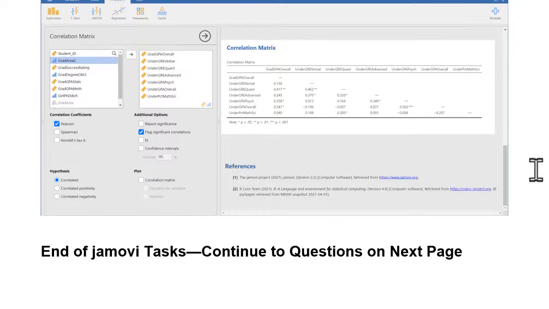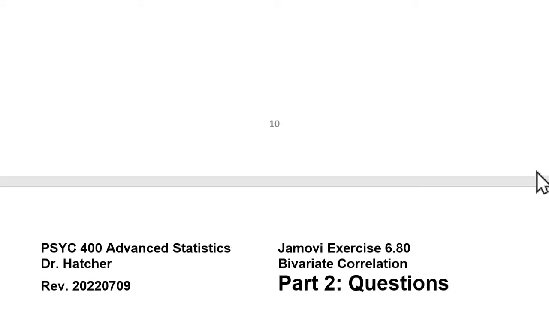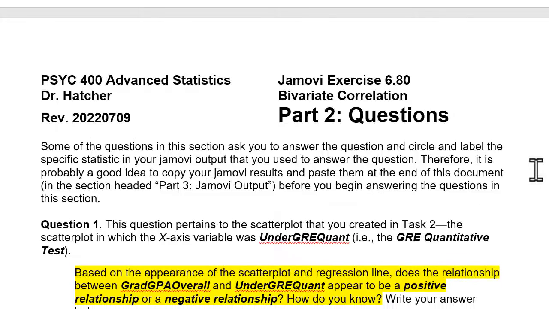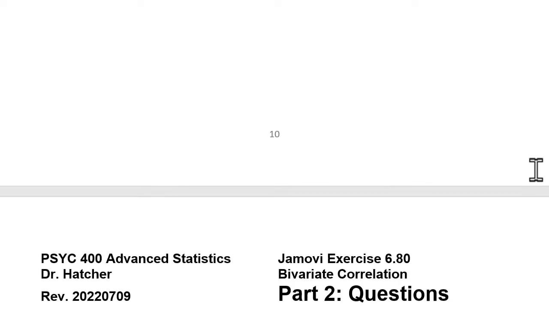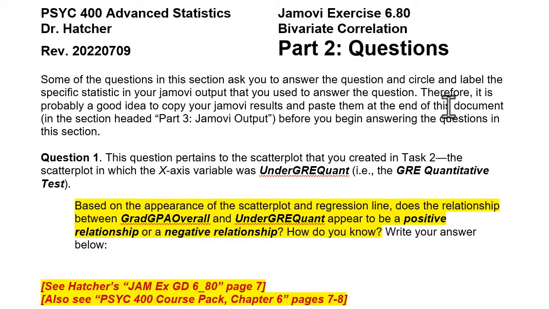As you know, part 2 of my exercises is where you answer questions about your output. And here I give you some tips about where to go to get the information you need to answer the questions correctly. I'm on page 11 of your exercise, part 2, questions. Question 1.